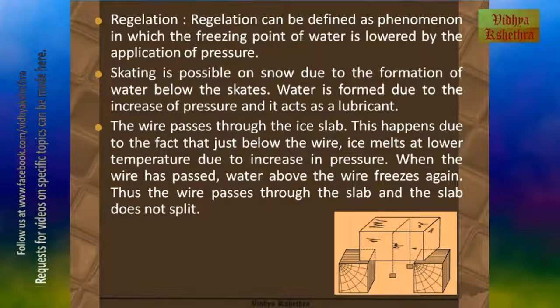This happens due to the fact that just below the wire, ice melts at a lower temperature due to the increase in pressure, the pressure due to the weights. When the wire has passed, water above the wire freezes again. Thus the wire passes through the slab and the slab does not split.